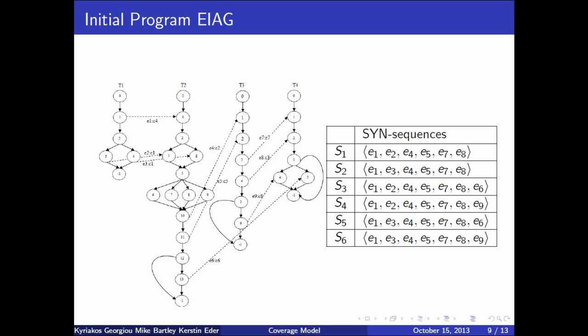So these are the valid sequences that can happen during all the possible executions of this program. For example, if you take sequence 1, event 1 should execute first, then event 2, then event 4, then 5, 7, and 8, and then the program should be done.